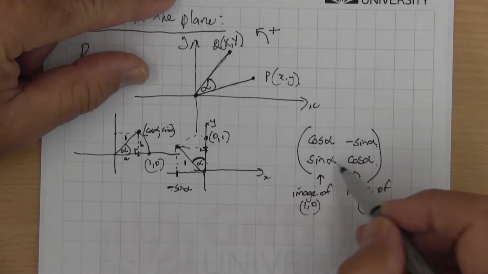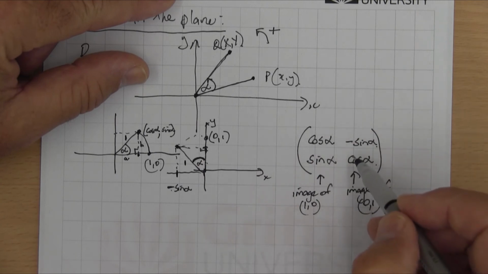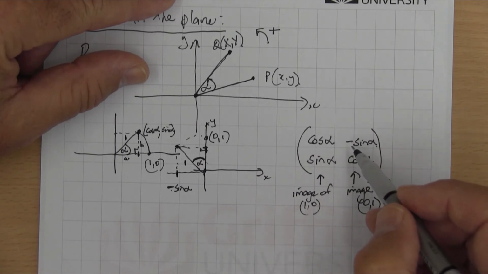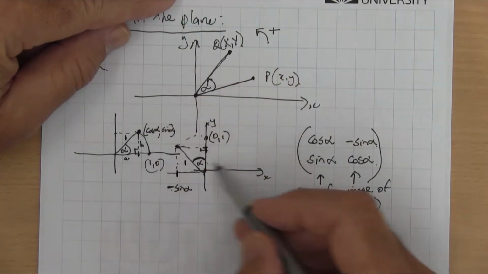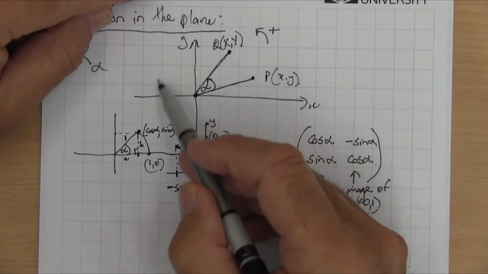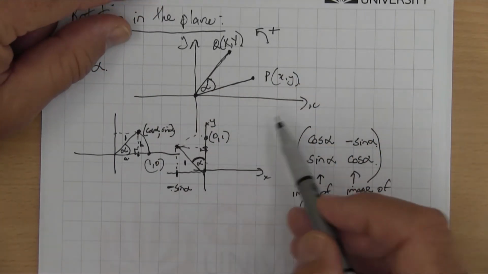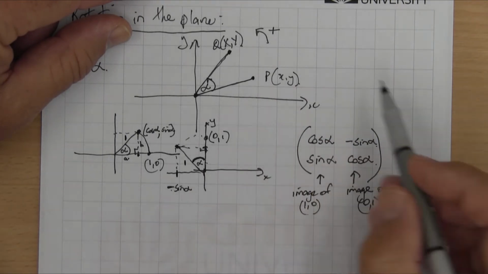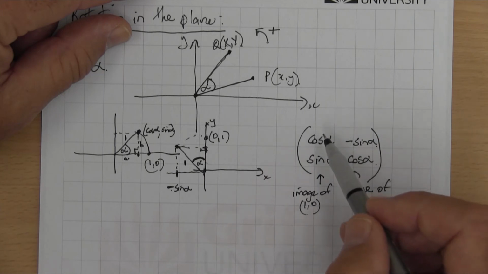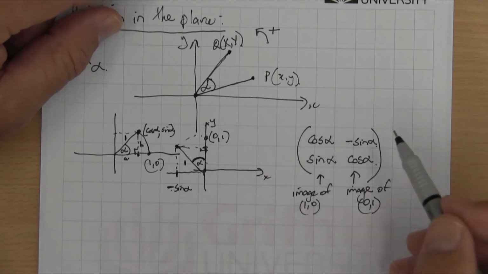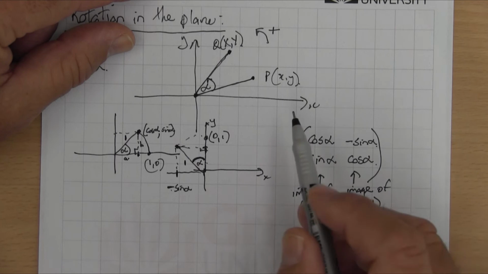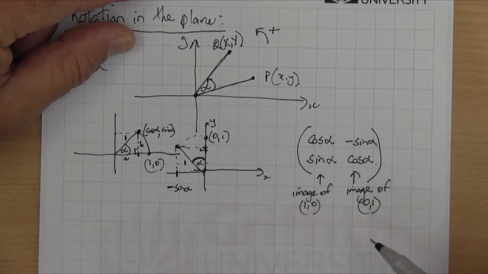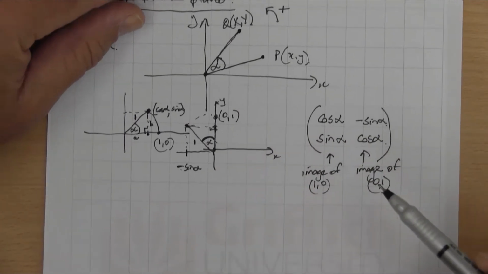So if I give any point in the Cartesian plane, in any of the quadrants, in the first or the second, third, fourth quadrant, any point, and give alpha any value, I can work out its final image, the image of that point after a rotation of alpha, by using this matrix.